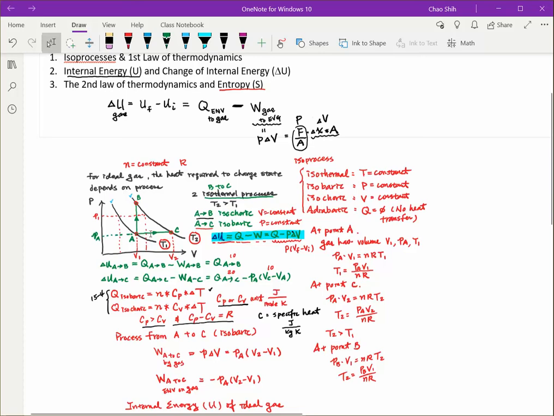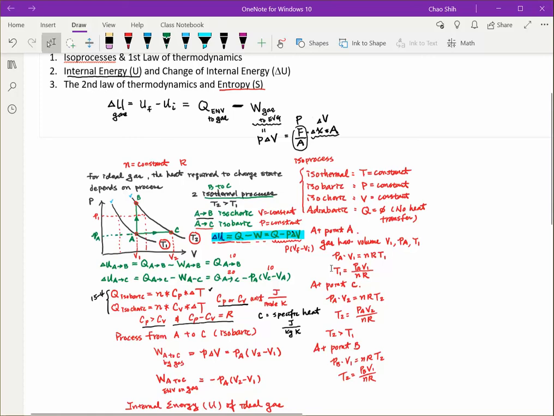And you can go horizontally to get the pressure of point A, which is PA. If this is an ideal gas, then we can use the ideal gas law, PV equal to nRT, to find what this temperature is. On the right hand side, at point A the gas has a volume V1, pressure PA, and the temperature, let's say, is T1. Then we can relate this by the ideal gas law.